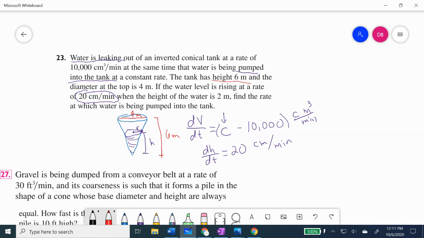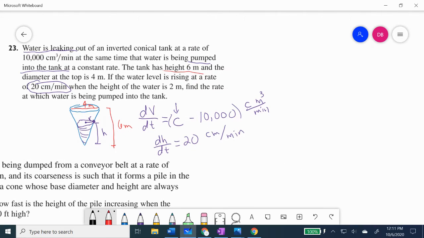That gives us a ratio because the water cone and the tank cone are similar, so they have the same ratios. That gives us that R is to H as the radius, which is 2, is to the height 6. Now we need that because the volume formula of our cone is 1/3 pi r squared h.